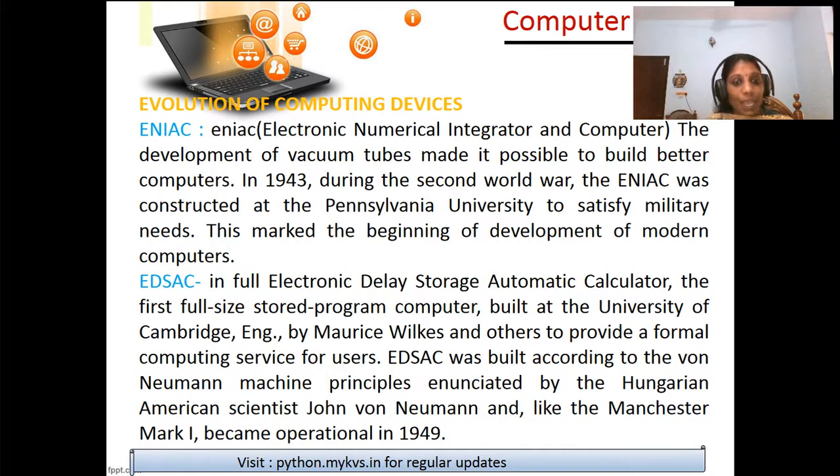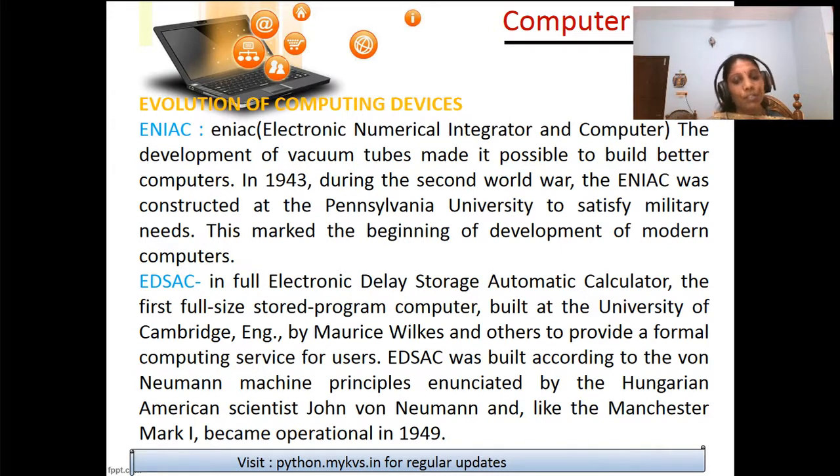The next one, EDSAC. Again, to expand, it's called Electronic Delay Storage Automatic Calculator. ENIAC and EDSAC can definitely come as full-form questions, so expand the full forms and give importance to that. Electronic Numerical Integrator and Computer. The next one is Electronic Delay Storage Automatic Calculator.